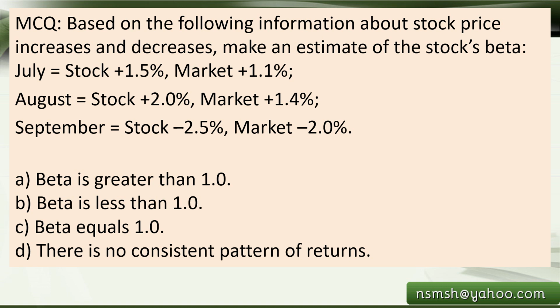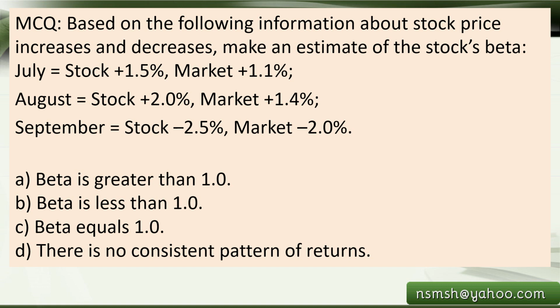So what is the beta? Is the beta greater than 1, or less than 1, or equal to 1, or is there no consistent pattern of returns? Actually, when the stock is 1.5 and the market is 1.1, that definitely means the beta is greater than 1.